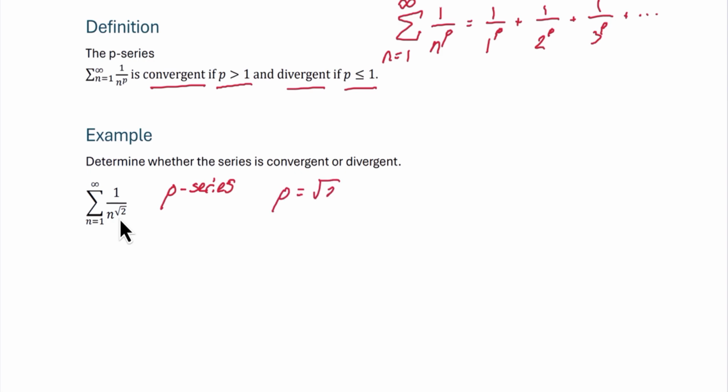P is square root of 2, and that is bigger than 1. So if our p-value, the exponent on that n, is bigger than 1, we can automatically say that this is a convergent series. Now we don't know the sum without extra work, but we know that it is convergent.